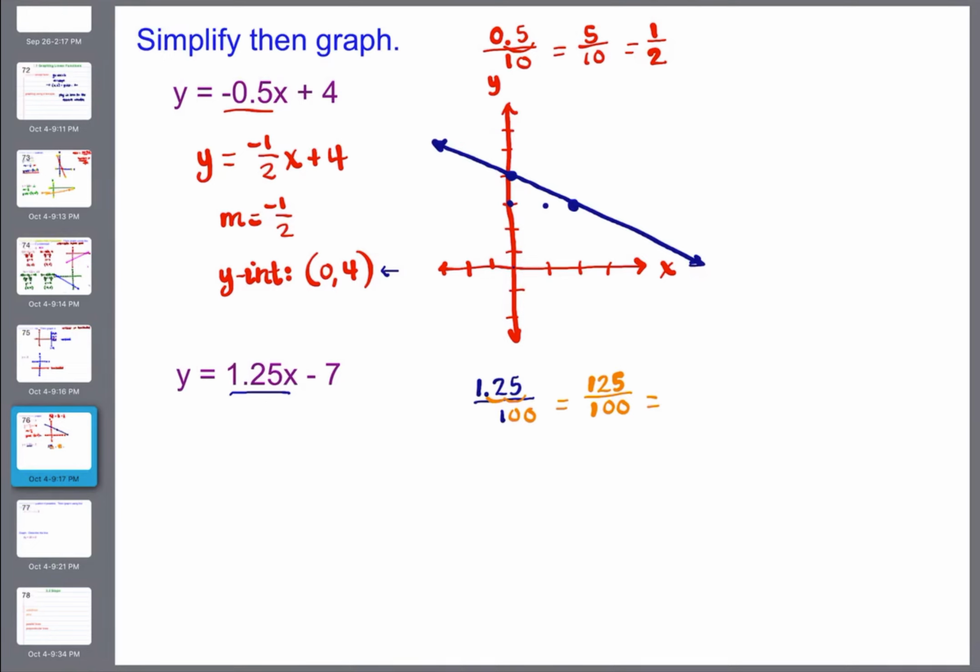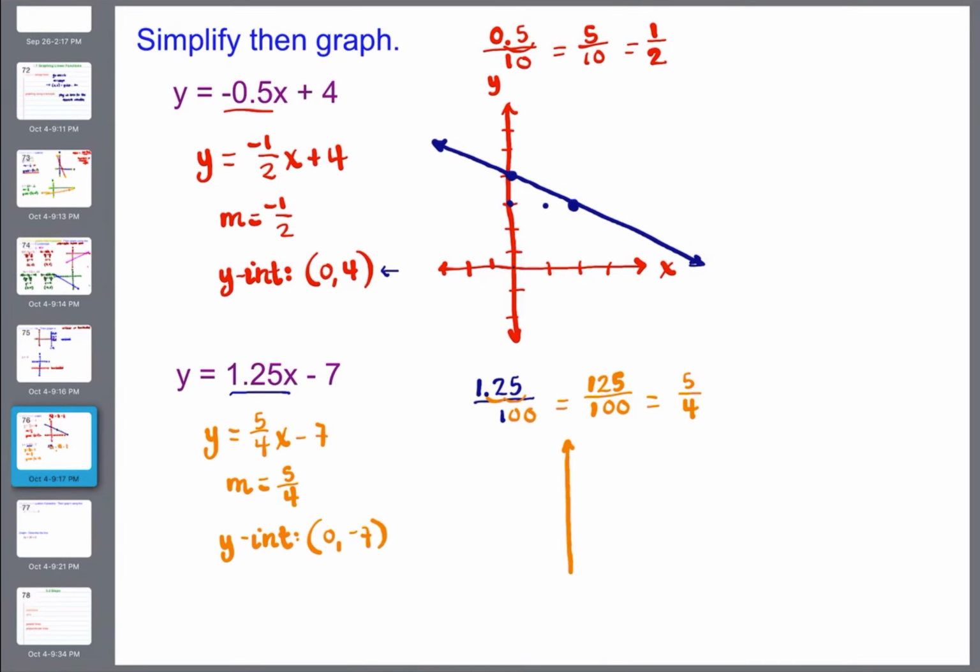And I know 25 goes into both of those, because if I have quarters, 125 means that I have 5 quarters, and 100 means that I have 4 quarters, and that doesn't reduce anymore. So y equals 5/4 x minus 7. Again, my slope is 5 over 4, and my y-intercept is (0, -7).